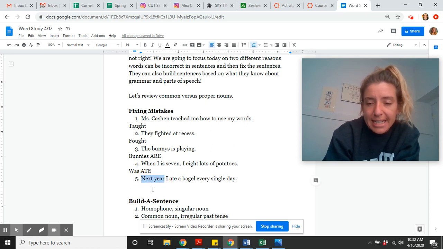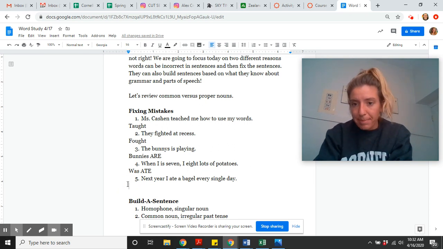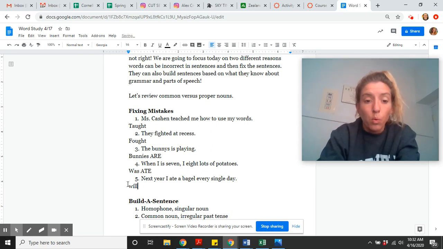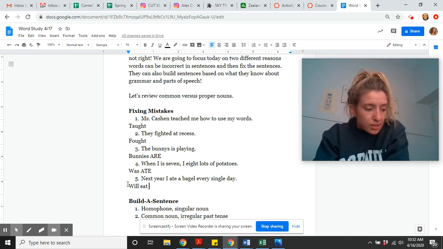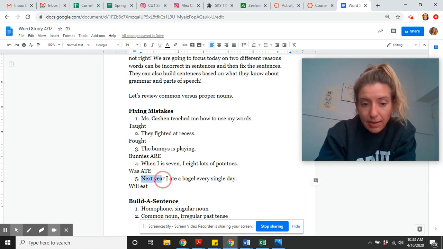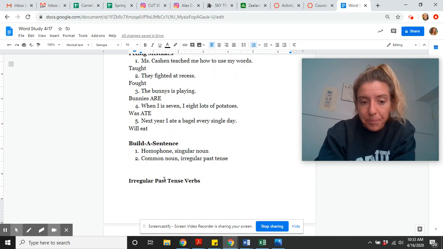But this says next year, and that talks about something that is going to happen. So, what can I write? Next year, I eat a bagel every single day? No. Next year, I will eat, because it's the future tense of eat. And that matches the context of the rest of the sentence, which starts with next year.